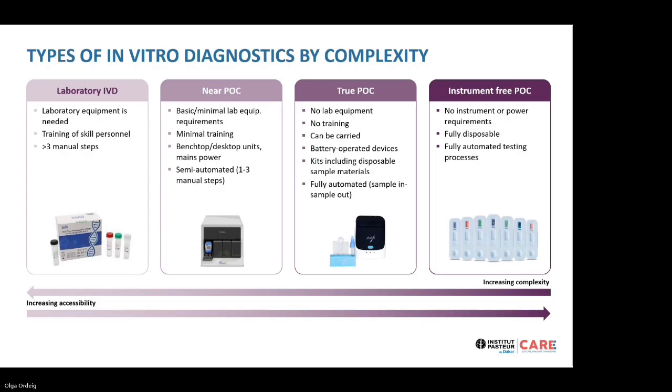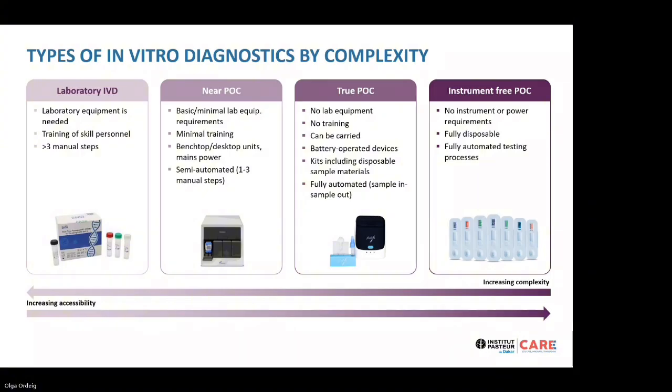One step more, it will be the true point of care. These are fully portable, battery-operated systems that require almost no training, and normally have disposable cartridges with all the reagents integrated.